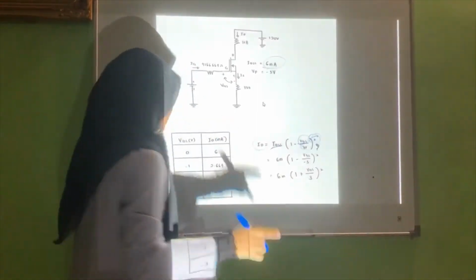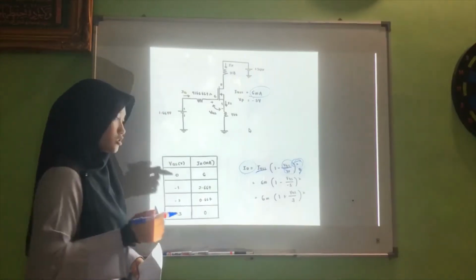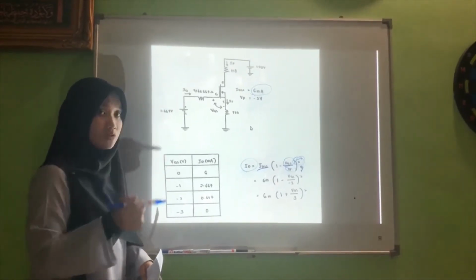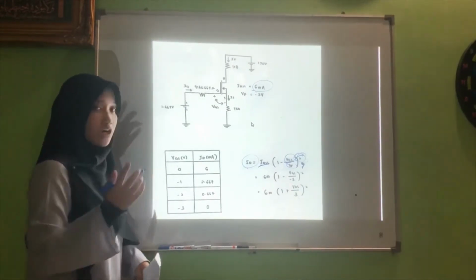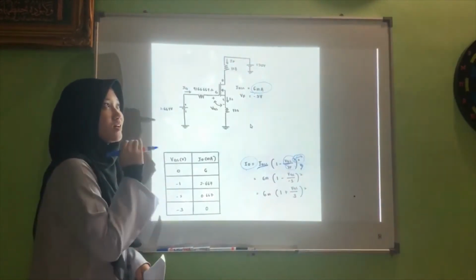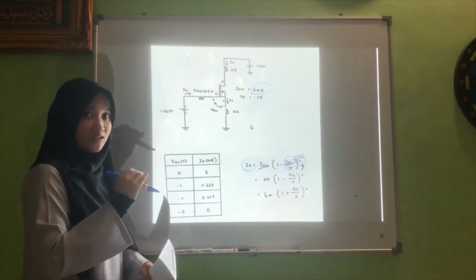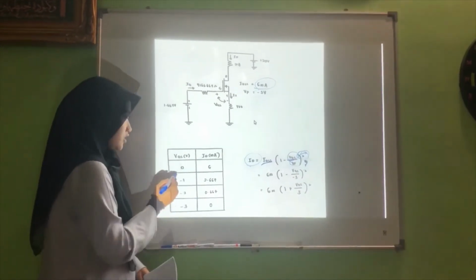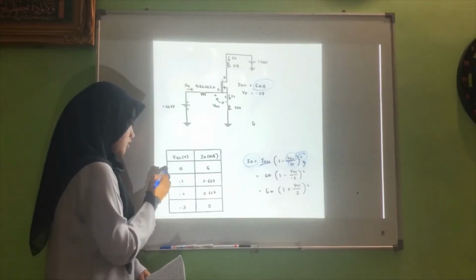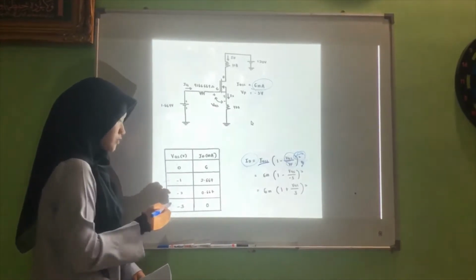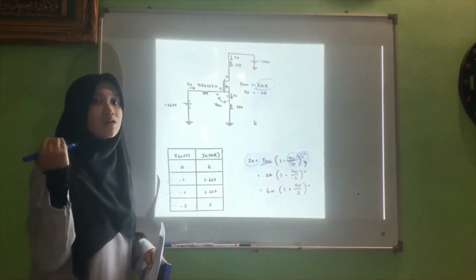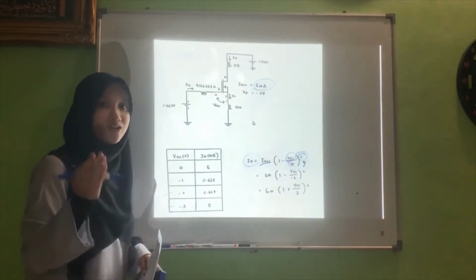For VGS, we need to take negative values because the graph is placed on the negative side. So these are the values that I take: 0, negative 1, negative 2 and negative 3. The more values you take, the more accurate your graph will be.